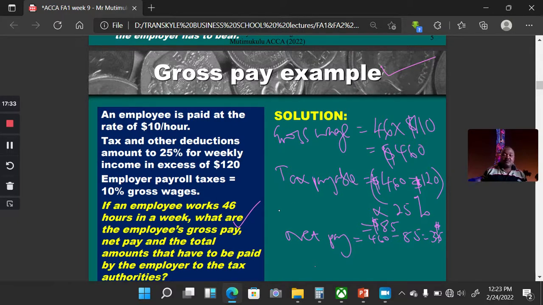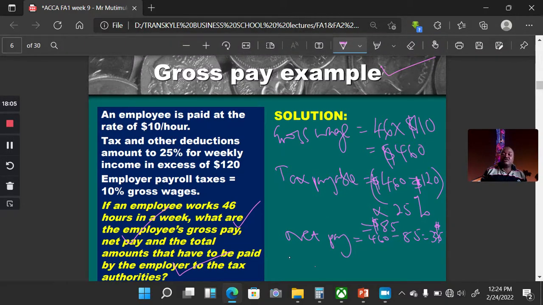Now, this one we have obtained, then the total amount that has to be paid by the employer to the tax authorities. This is the amount which the employer has to pay to the tax authority. We are told the employer pays only 10% of the gross wage.